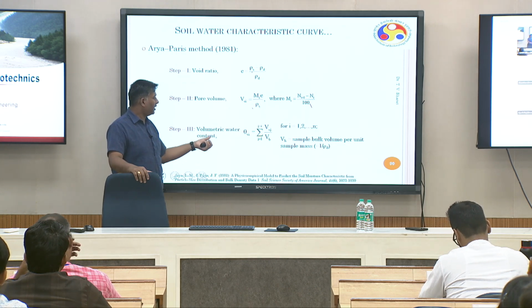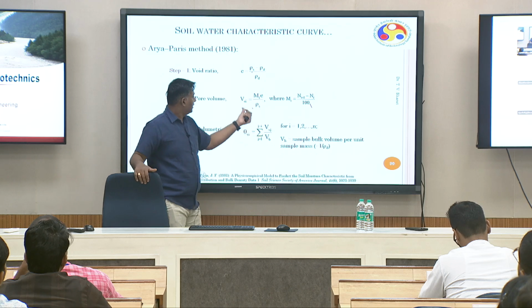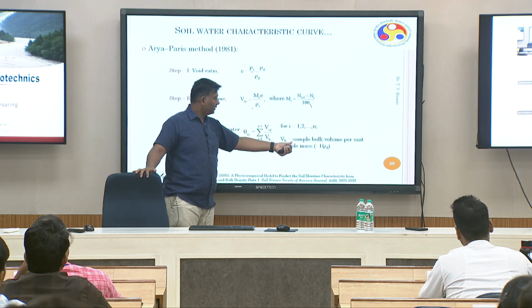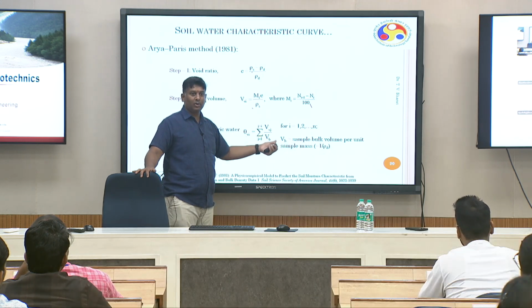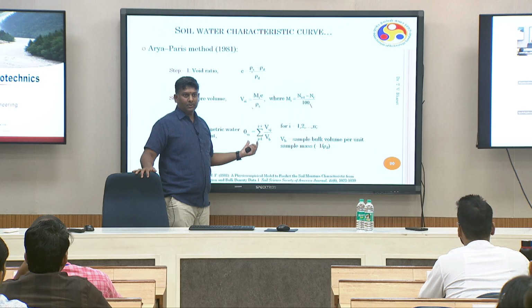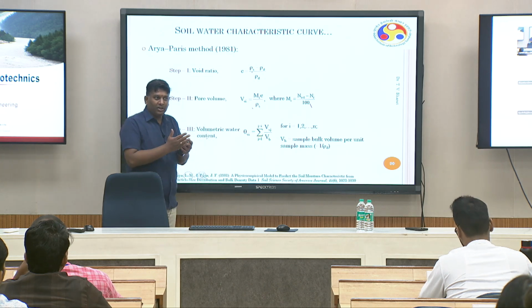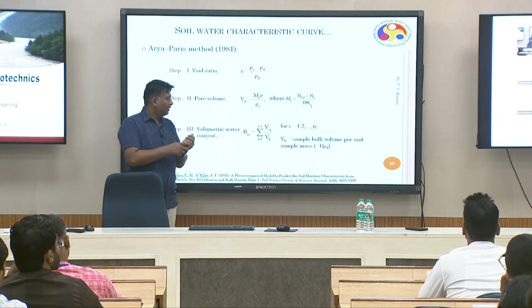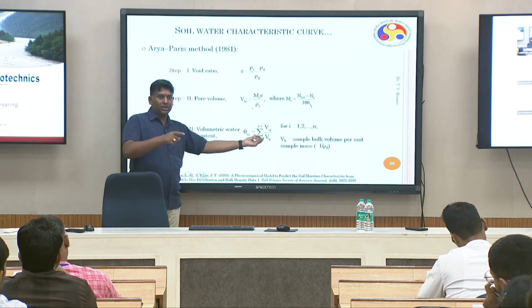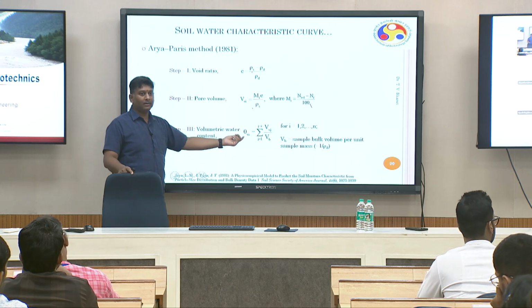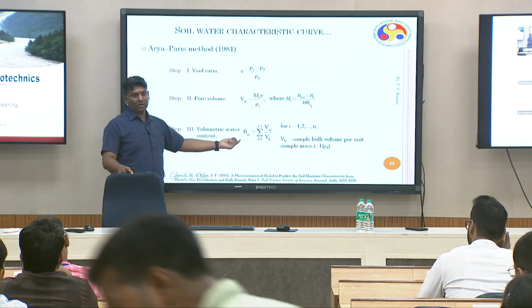And the volumetric water content can be determined by this divided by the bulk volume, that is 1 over ρd, and the summation of those things, right? This way you are joining all the pores, starting with one particular pore. It's an accumulation of all the different pores. That way you will get theta, the volumetric water content.